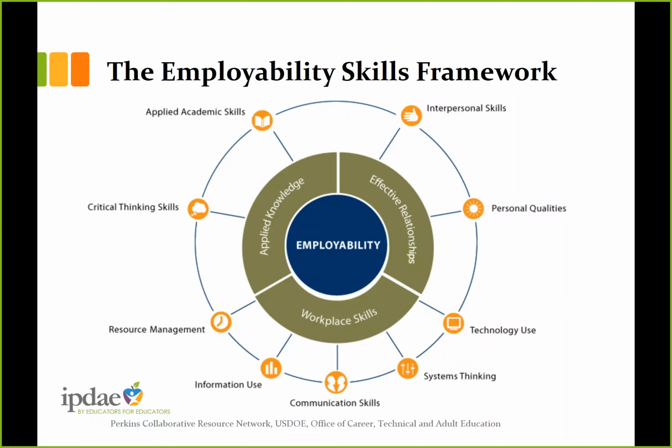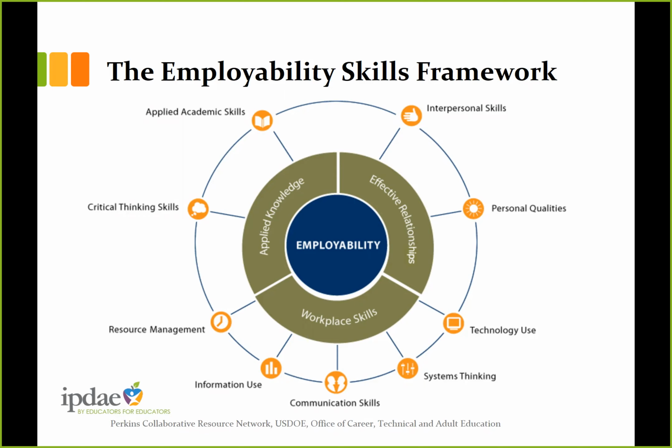And then you see the three major categories, which make up the core employability skills, things that our employers are looking for. And then in each of the major strands, you have the substrands. For example, under applied knowledge, what are those things that are under that category?